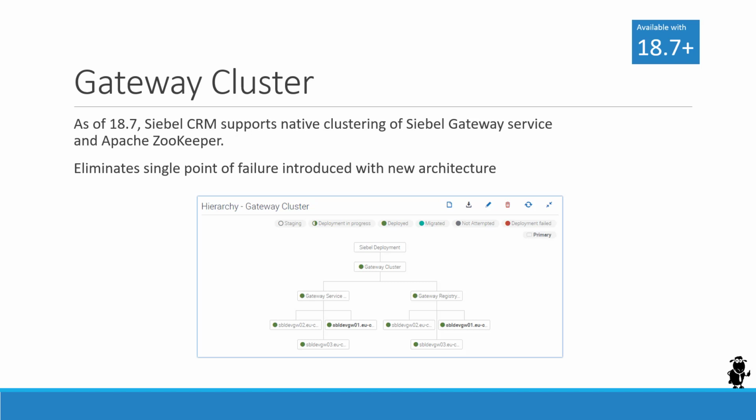Up to this point, you could have only one gateway, and if the gateway failed, no connections and sessions were possible. So now with the cluster service, especially in critical and production environments, customers can rely on the ZooKeeper cluster and create clusters and deploy them through the SMC.